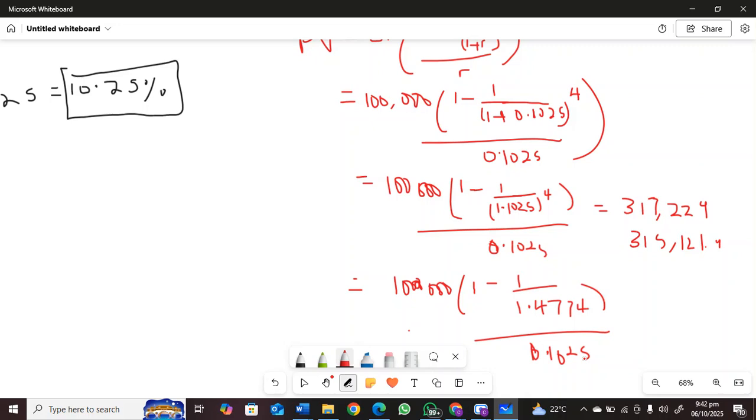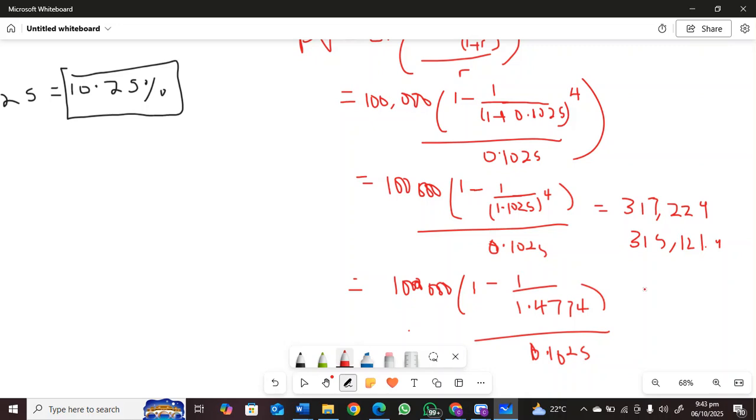That is 0.676. 1 minus 0.676, that is 0.324. 0.324 divided by 0.1025, that is 3.16, times 100,000.